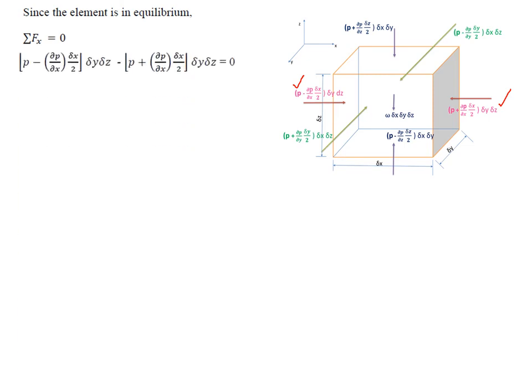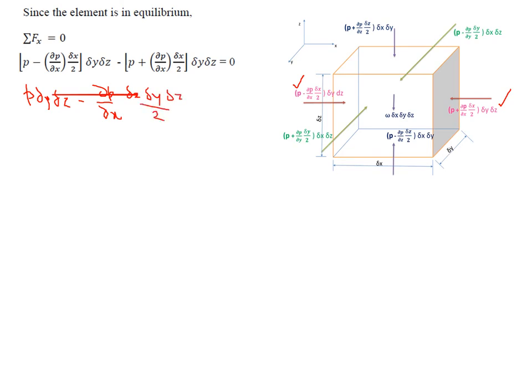If you multiply P into ΔY ΔZ, you will get P ΔY ΔZ minus ∂P/∂X times ΔX ΔY ΔZ by 2.